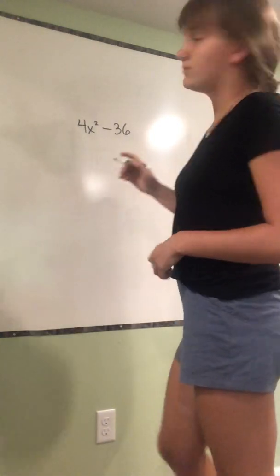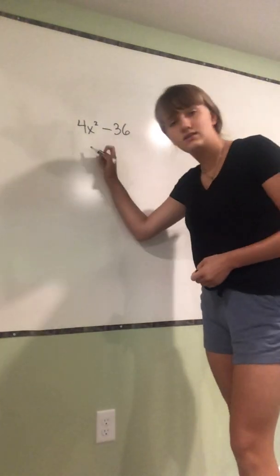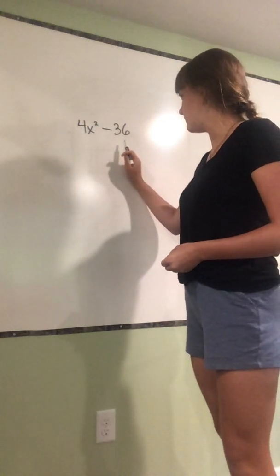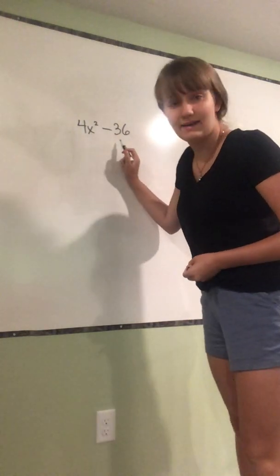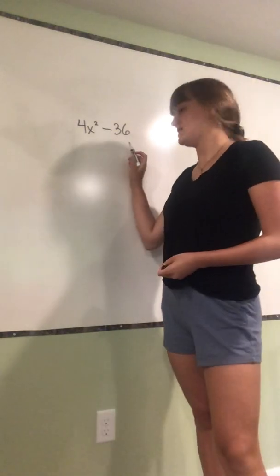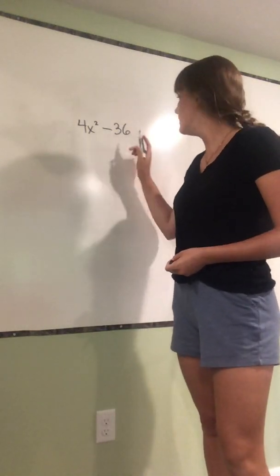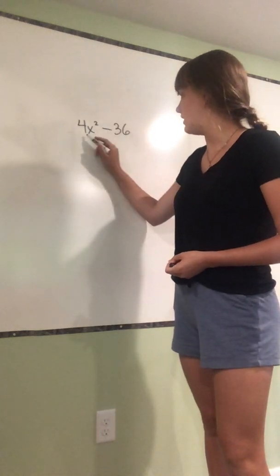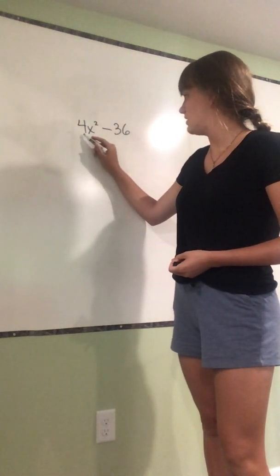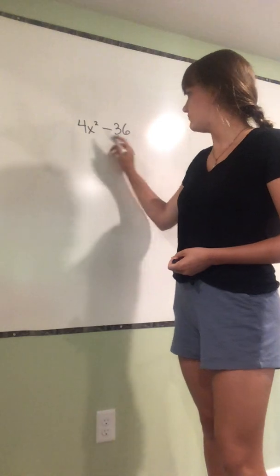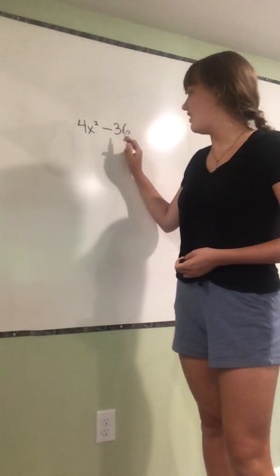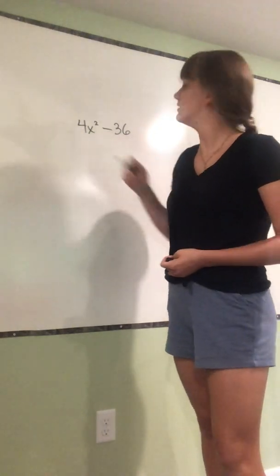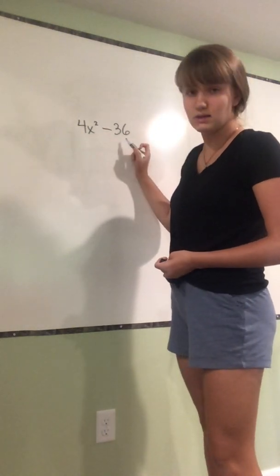So when you want to do this, the first thing you want to do whenever you are solving any problem like this, you want to see if you can just automatically get numbers and factor them out. Like 4 fits into both of these. Obviously you can't take 36 out of 4, but you can take 4 out of 36.